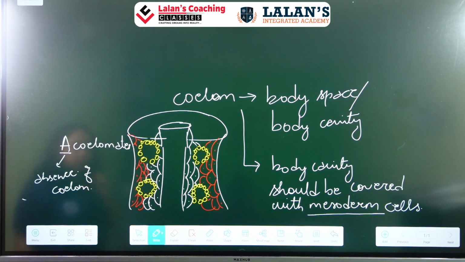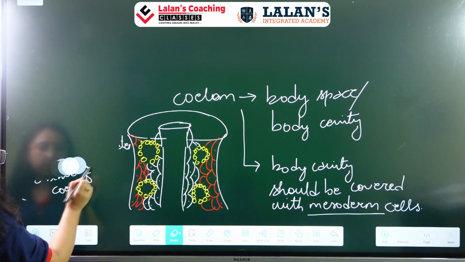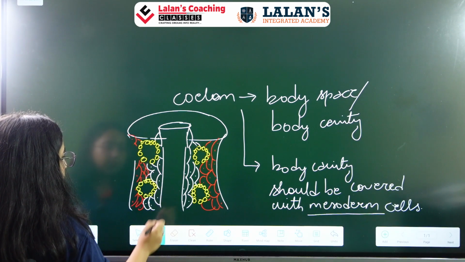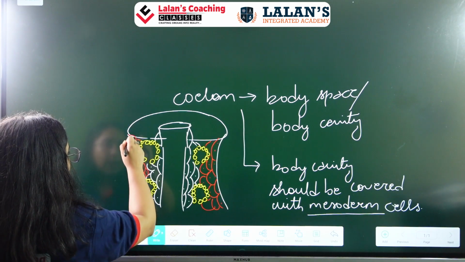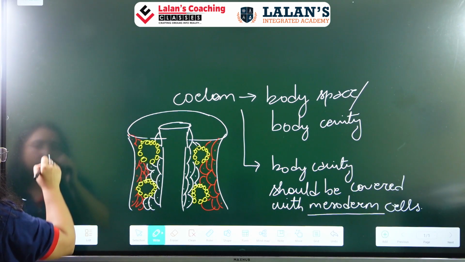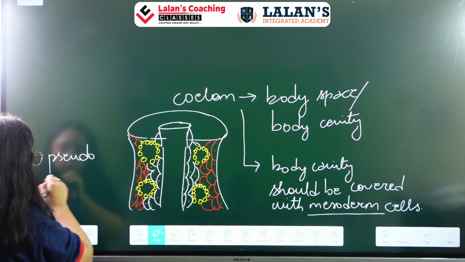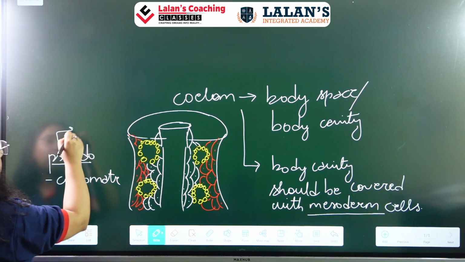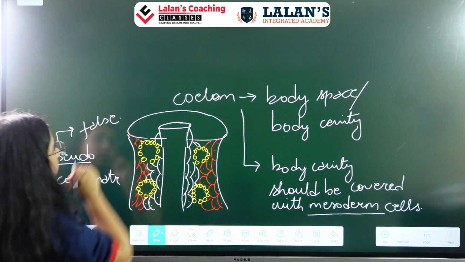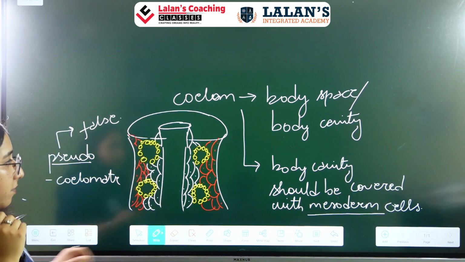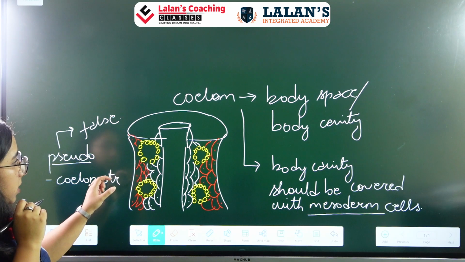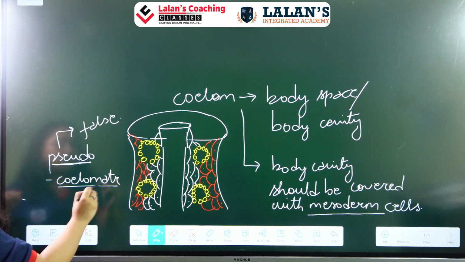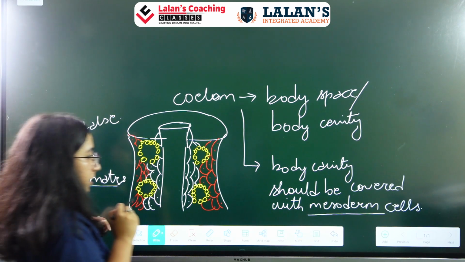So here we can see little pockets of space, and this kind of body organization can be called pseudocoelomates, where the word pseudo means false. Now we cannot call them coelomates either, because the entire body does not have a space, but it has some amount of space. Because of that some amount of space, the terminology used here is pseudocoelomates or false coelomates.